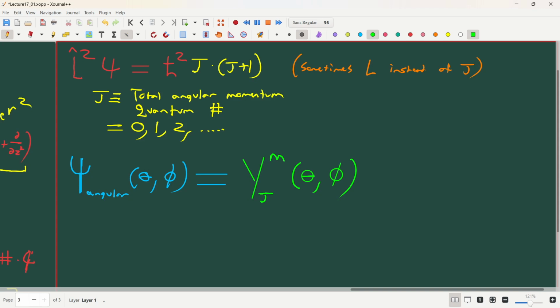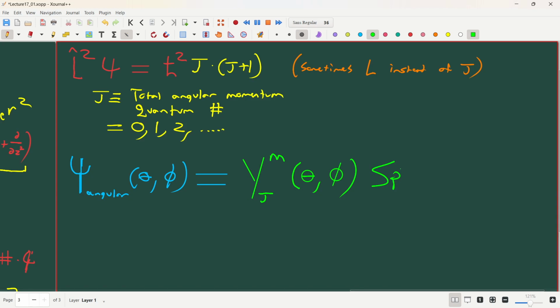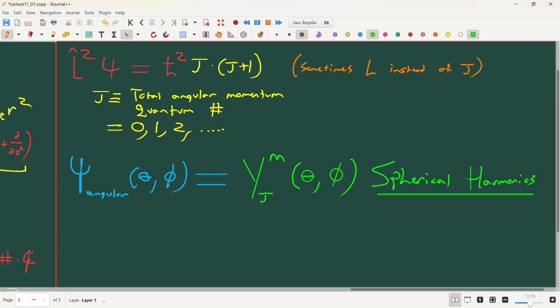So this wave function depends on J, but it's also dependent on this M number that we haven't defined yet, but we will. These are well-known functions called the spherical harmonics.